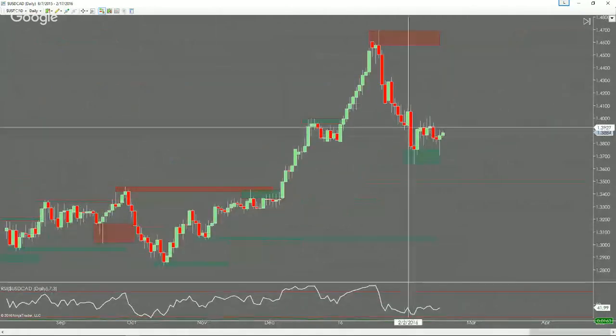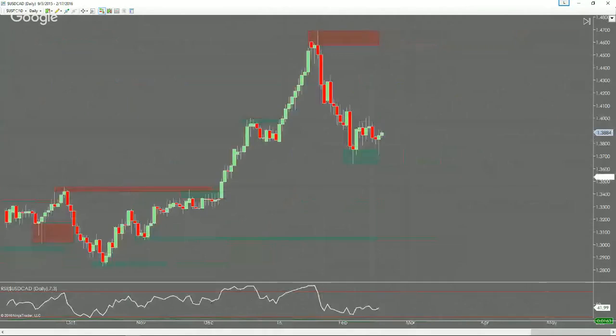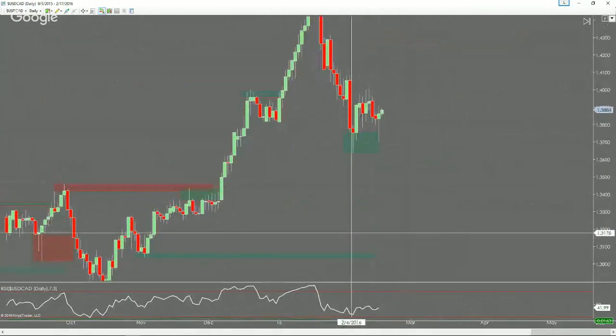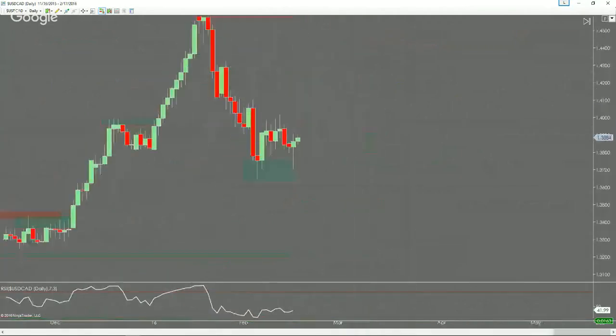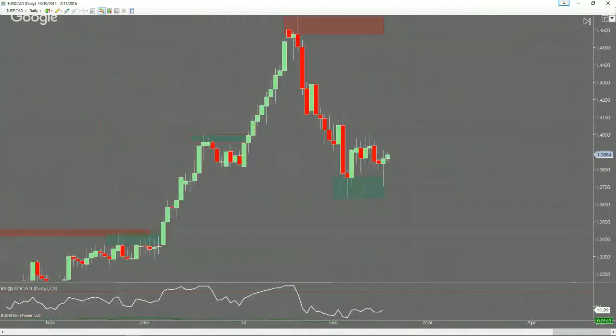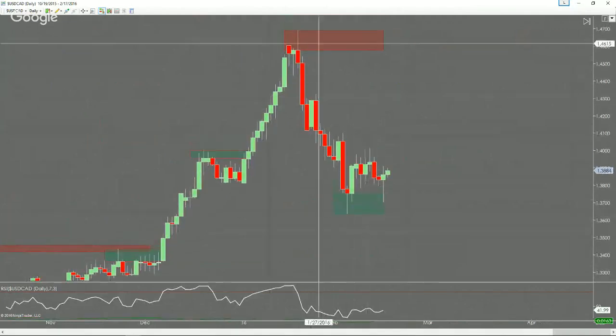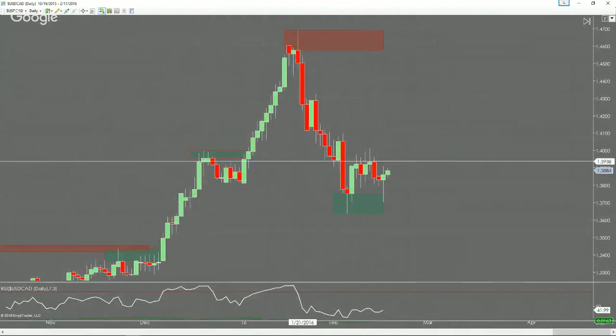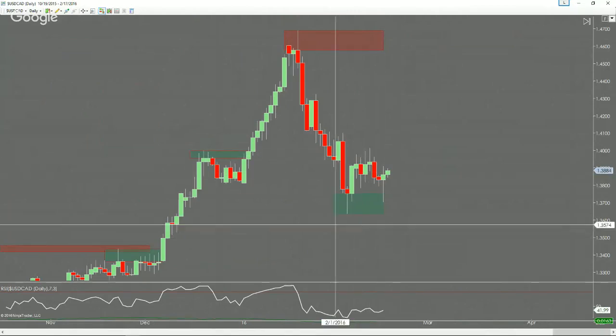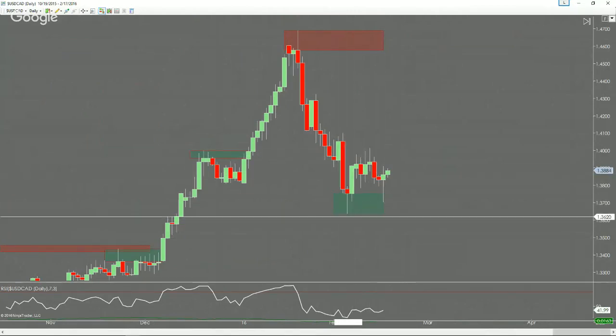Dollar CAD, we did come back to that previous level of structure from last week. If you saw last week's, we actually identified this level right here for price to come back up to that level of structure. If you look left, you'll see that.